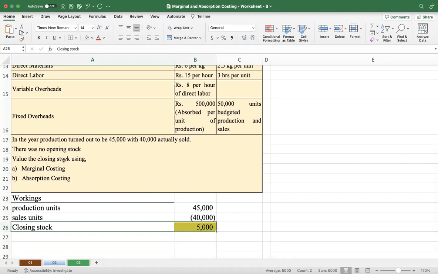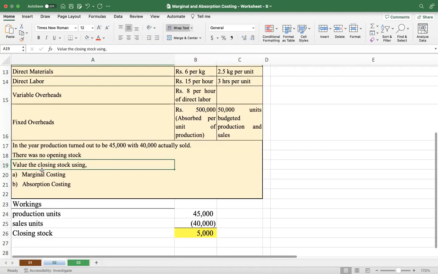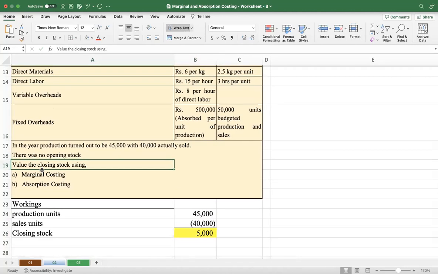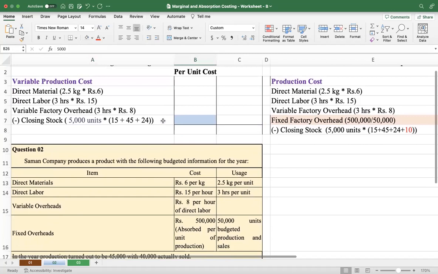Right? Because now here, remember what they expect us to do. They are expecting us to do the valuation, find the value of the closing stock using both methods, marginal costing method and absorption costing method. Now we found the closing stock, 5,000.